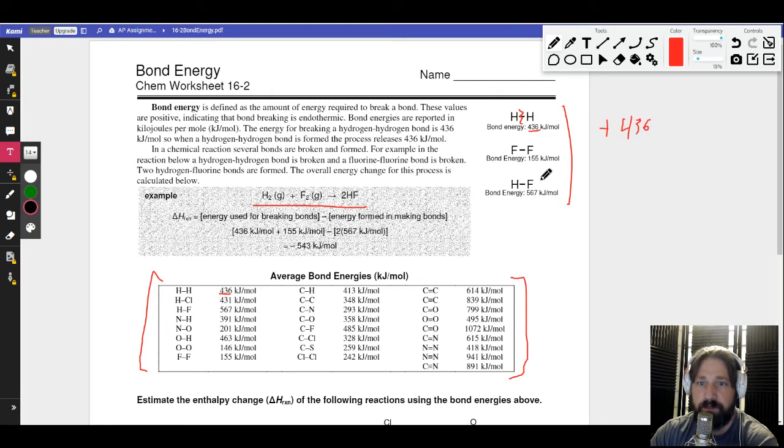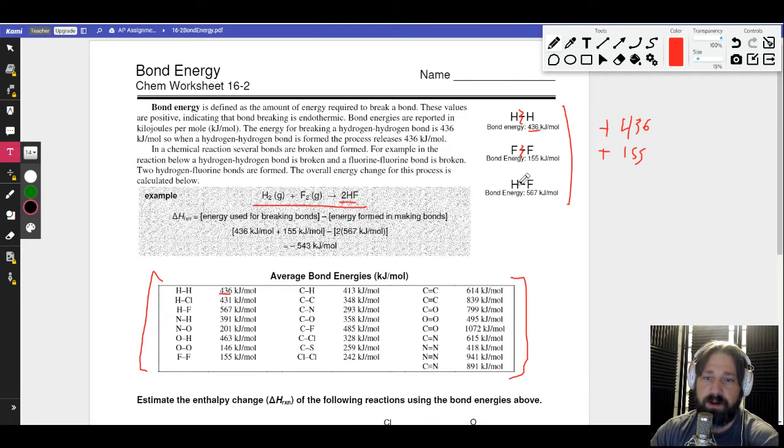436. Same thing with this fluorine gas, F2. I'm going to have to break this in order for this reaction to go forward. So that means this is going to be a positive 155, because I'm going to have to be breaking it: endothermic, positive. Now I have two HFs being formed.